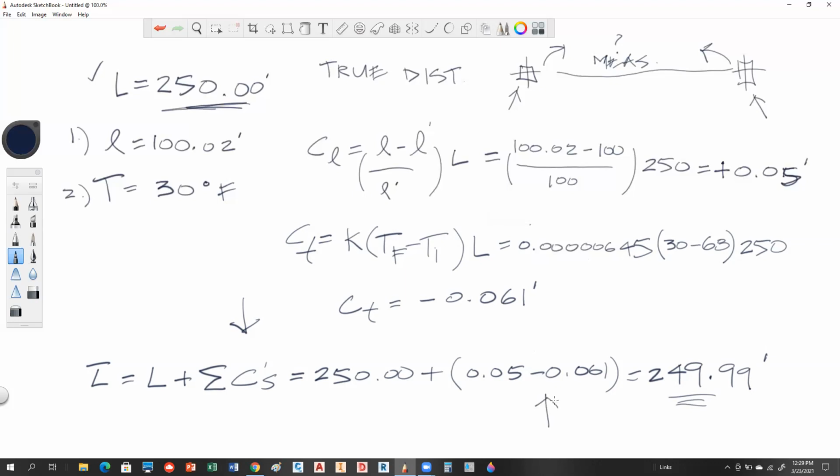So this was a measurement problem. How would this change if this was a layout problem? So in other words, let's say we had to lay out exactly 250 feet. What would happen here? Since that's what the actual length is, we would have to lay out more than that to get 250.